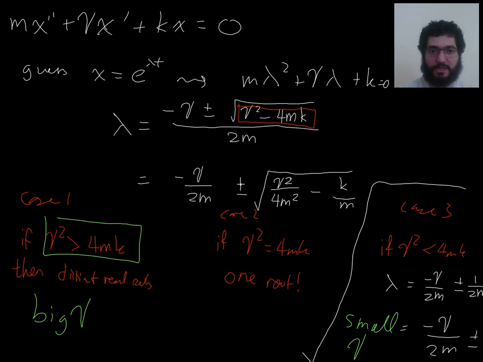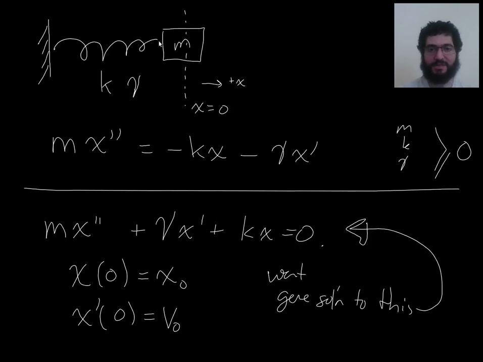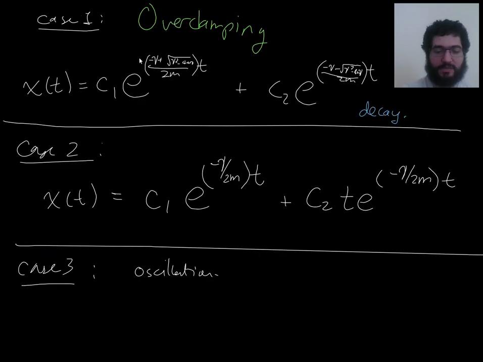There's so much friction in the spring that if you were to stretch the spring and then let go of it, it wouldn't oscillate and go whoa, whoa, whoa, whoa. No, you would stretch it, let go, and then it would just decay back to equilibrium. That's it. It wouldn't get a chance to oscillate because it's so heavily damped. That's overdamping.